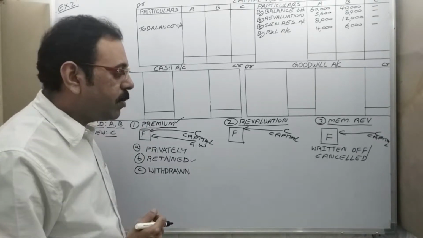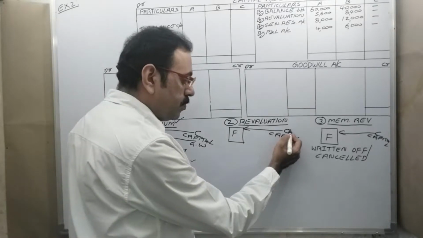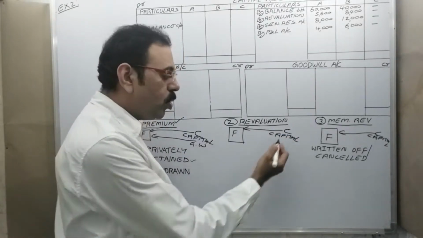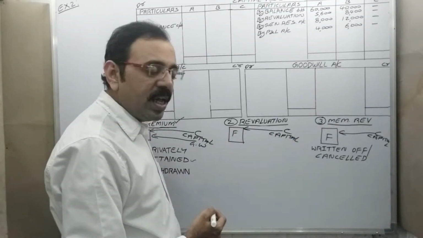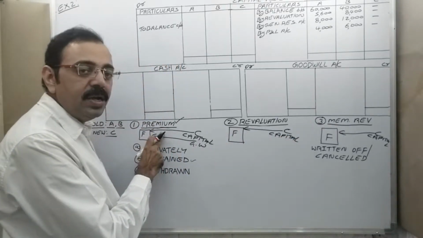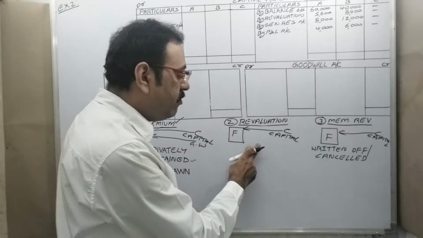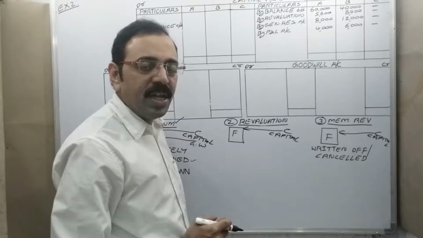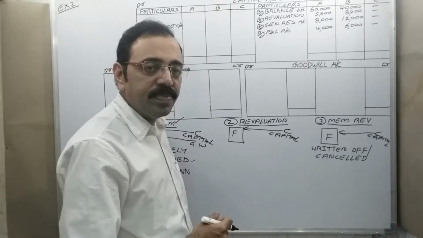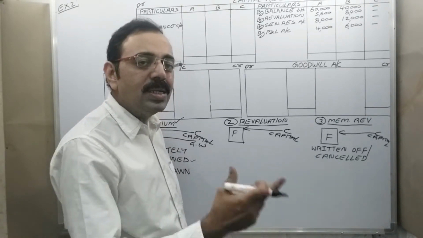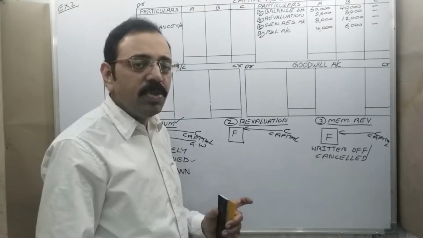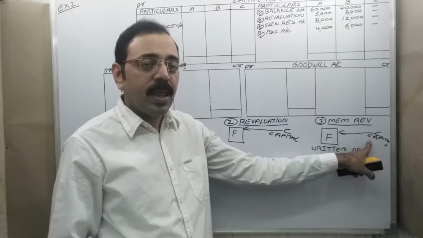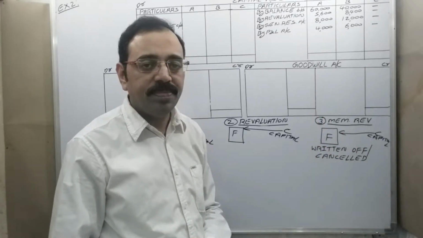And sometimes what happens, the new partner does not bring his share of goodwill. He brings only capital. Then we should not apply premium method. Then we should go for revaluation or memorandum revaluation method. Then which method we should follow here? It depends on the sentence in the question. Assume that he has given like this. C has to bring capital 40,000.